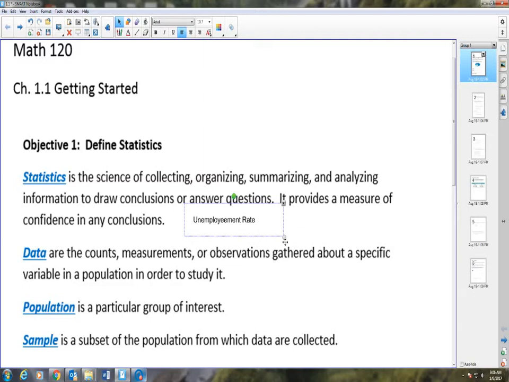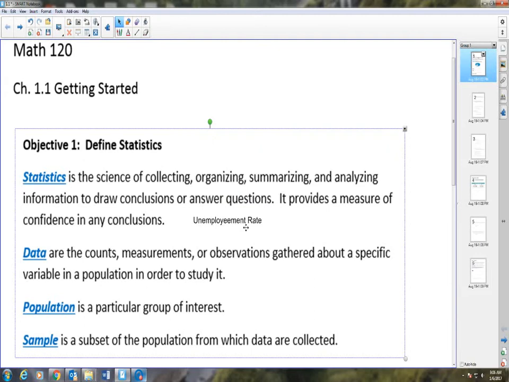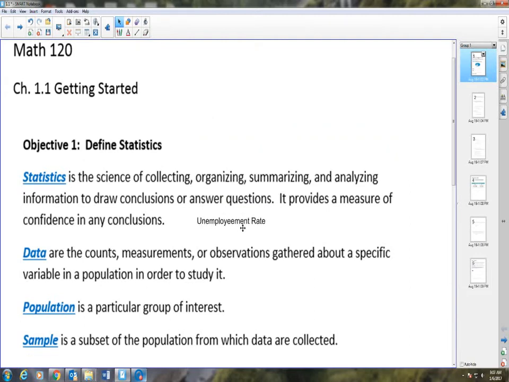Our lives are dictated by statistical numbers. You might hear on the news where the crime rate is real high, the murder rate is real high in a city like Chicago, Illinois.